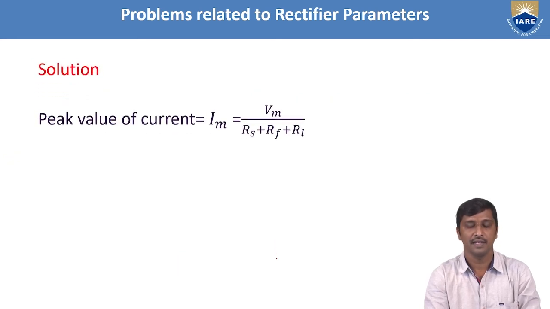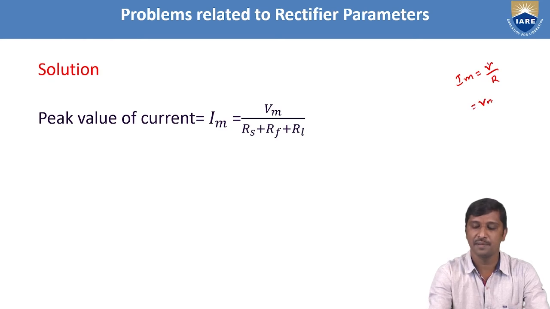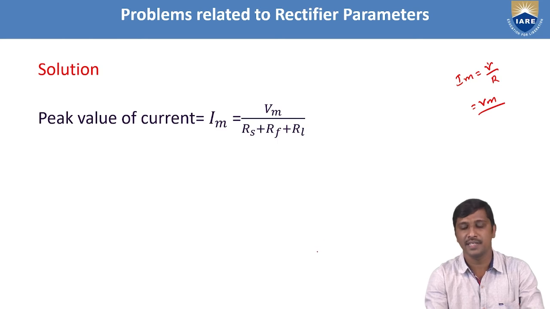We know that the peak current is represented as I equals V by R, where here V is replaced with Vm. R means we need to consider the total circuit resistance. In the problem they mentioned the transformer secondary coil resistance together with the diode resistance, and the circuit also contains a load resistance.